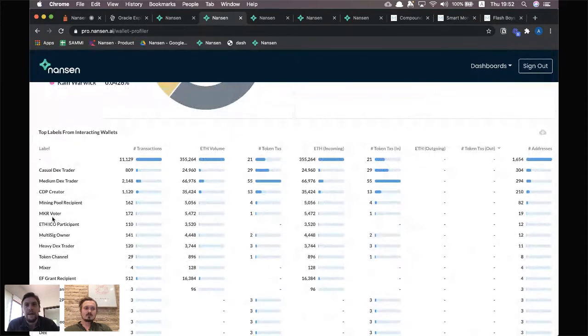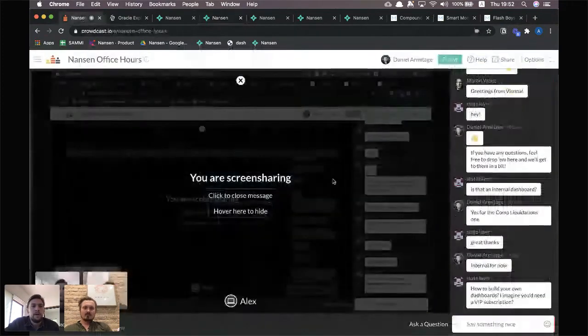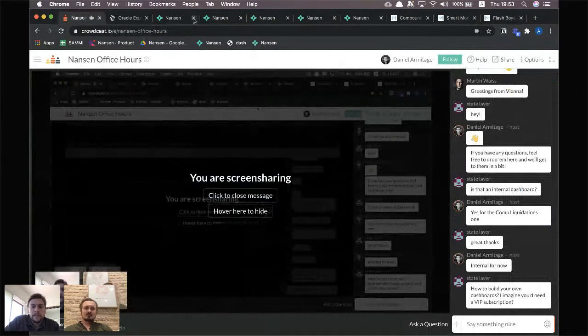I would say that as we develop Nansen, there's a balance between us curating these different views for users, but also finding a balance with self-serve analytics. There's a question in the chat here from State Layer again, who asked how users can build their own dashboards?